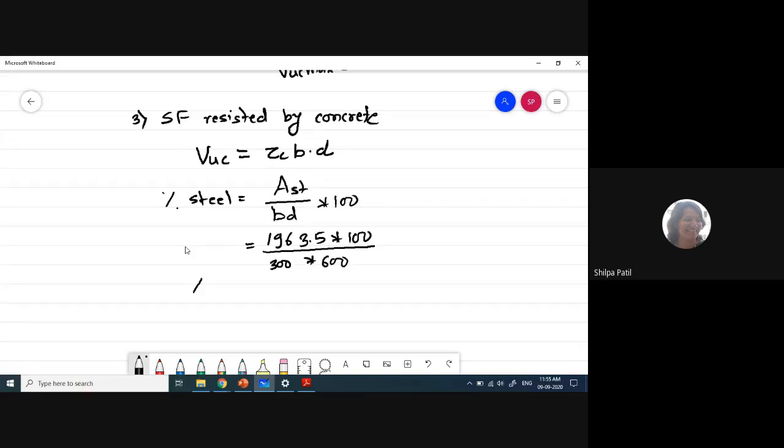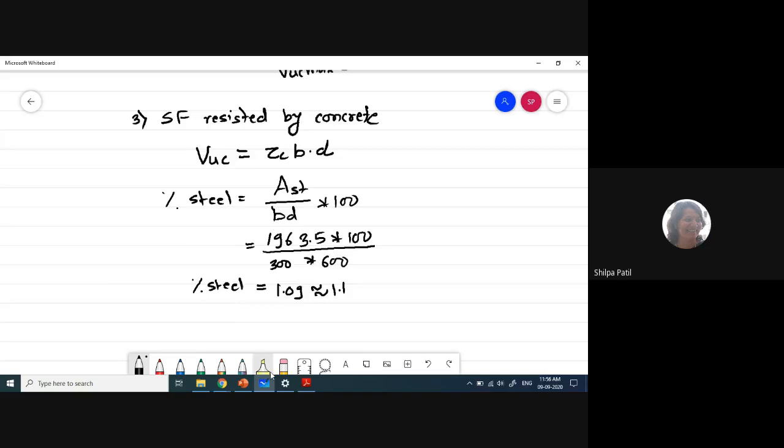So percentage steel is 1.09. Okay, 1.09. So let us consider it as say 1.1 for sake of simplicity.